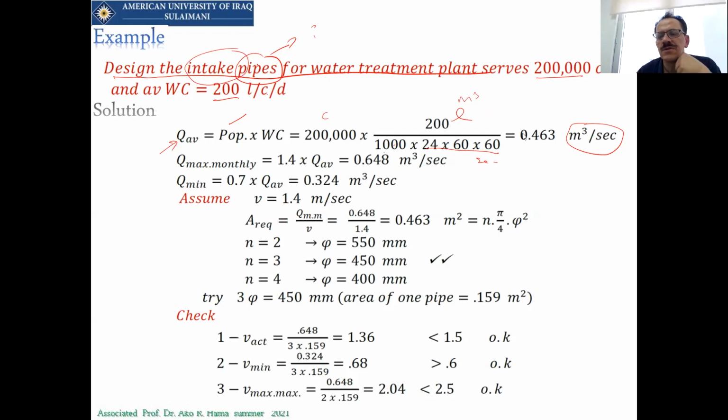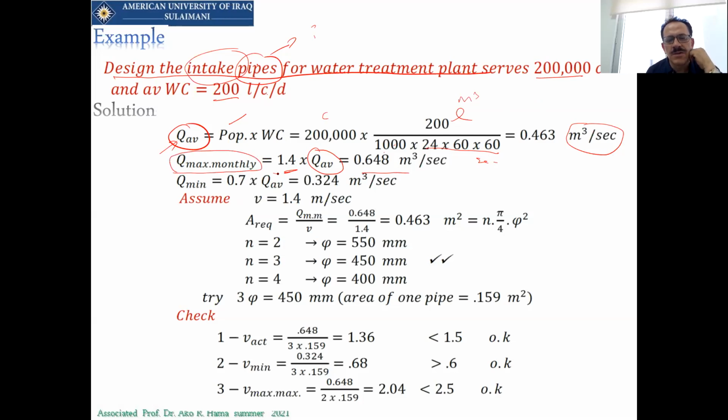And we convert the units to become meter cube per second. Okay? Now, this is called Q design, Q average. When this Q average is multiplied by 1.4, I will get this number, which is called maximum monthly.